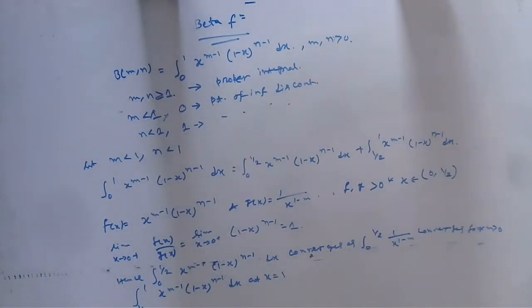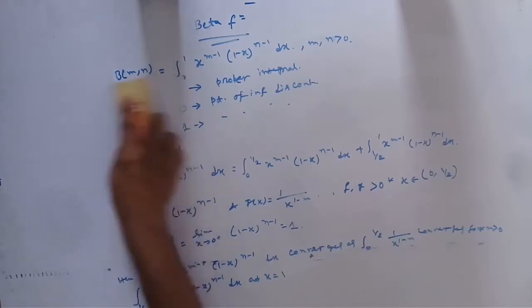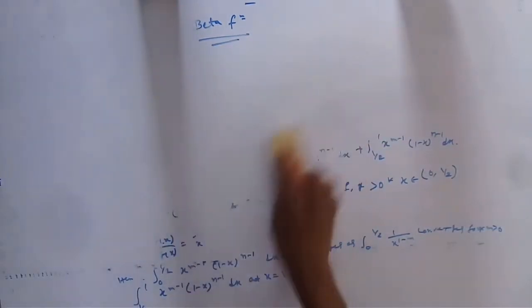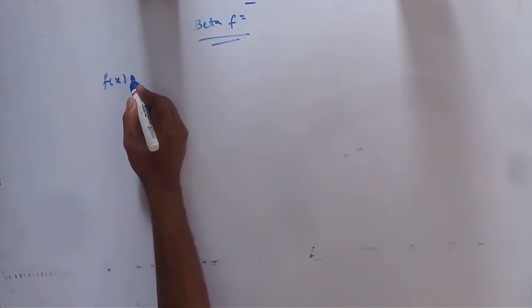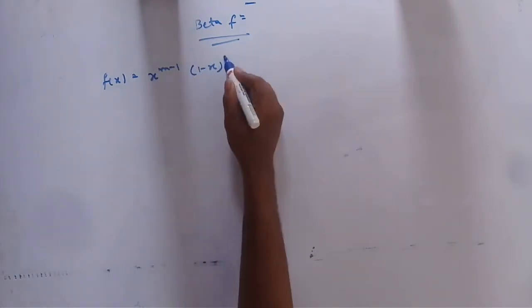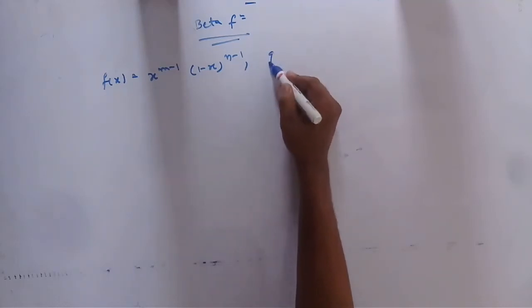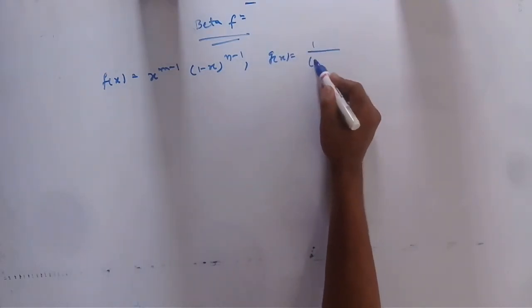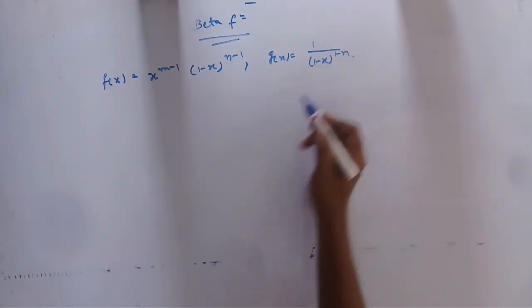So to check the convergence, we take f(x) equal to x to the power m minus 1 (1 minus x) whole to the power n minus 1 and g(x) equal to 1 by (1 minus x) whole to the power 1 minus n.